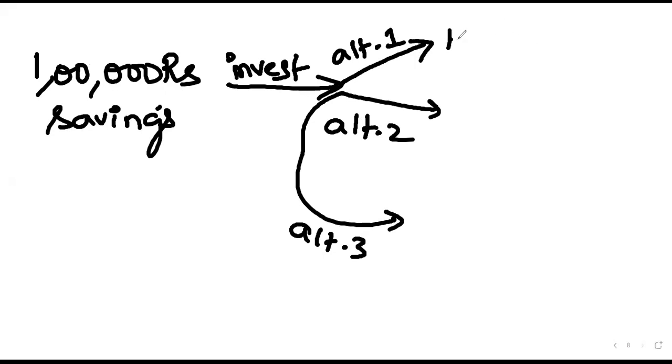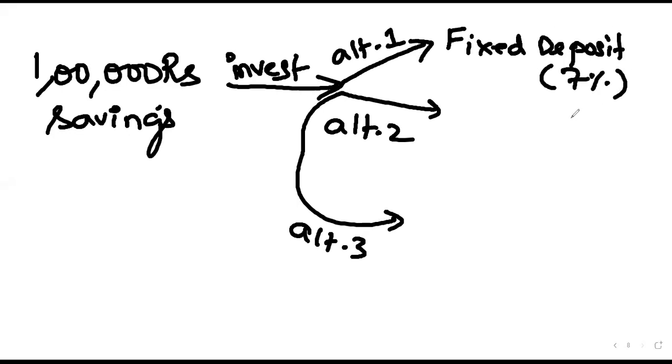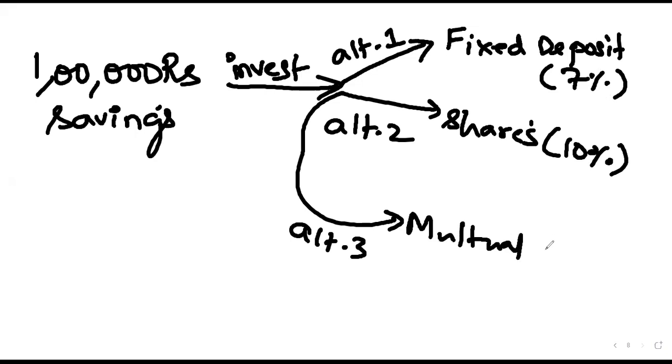First alternative, fixed deposit, 7%. Second, purchase of shares. Third option is somewhere annual.